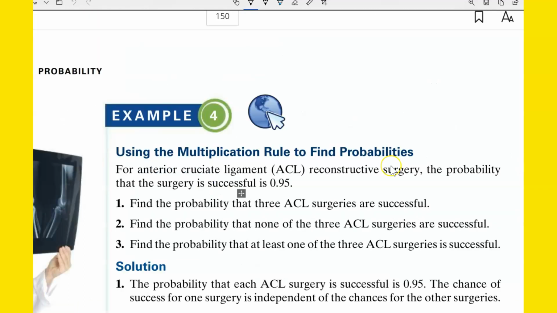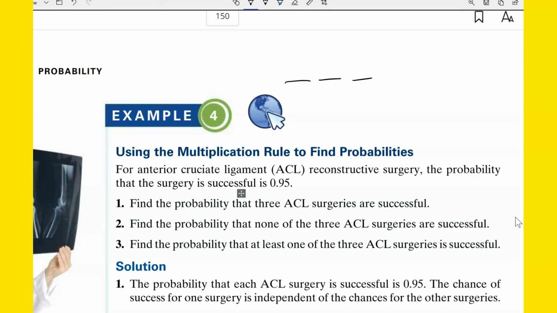All right, for anterior cruciate ligament ACL surgery, the probability that the surgery is successful is 0.95. Find the probability that 3 ACL surgeries are successful. I think we can assume here, since they didn't tell us anything about them affecting one another, that those are independent events. One successful ACL surgery does not affect another ACL surgery.